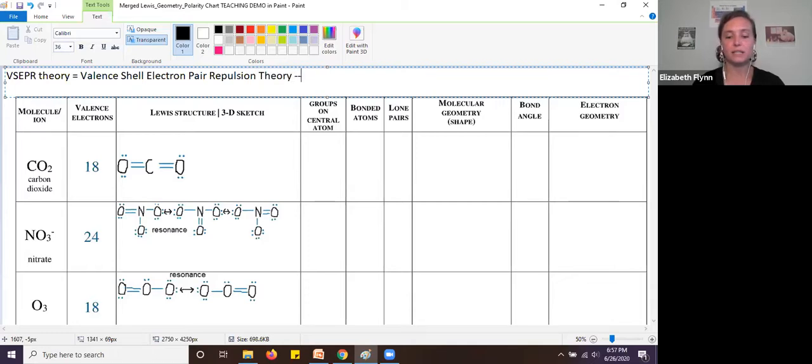And what this means is that electrons that are valence electrons that are in either bonds or lone pairs, they repel each other, right? Electrons are negatively charged, and so like charges repel. And this tells us that the molecule will assume a certain shape that allows for maximum distance between the lone pairs and atoms.